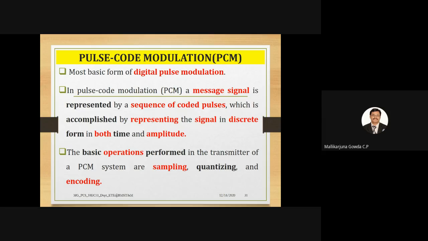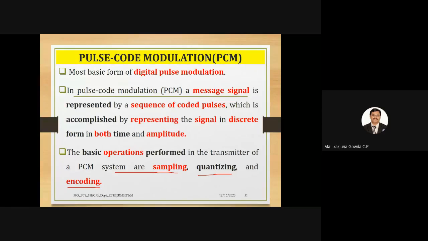So the basic operations performed in the transmitter of the pulse code modulation system are sampling, quantizing, and encoding. These are the three basic operations performed in the PCM transmitter. Clear? Sampling, quantization, and encoding.